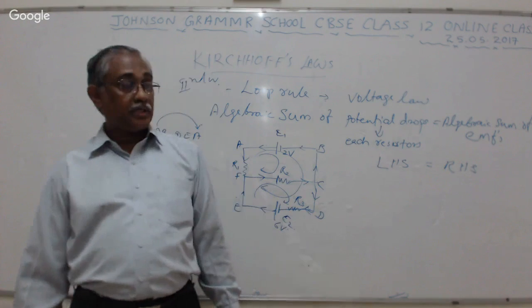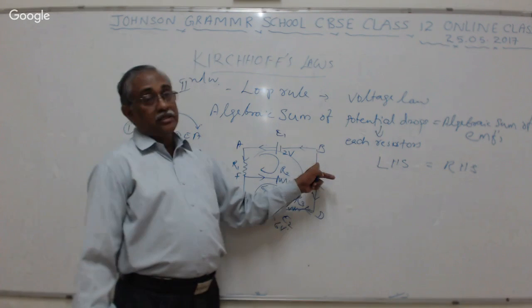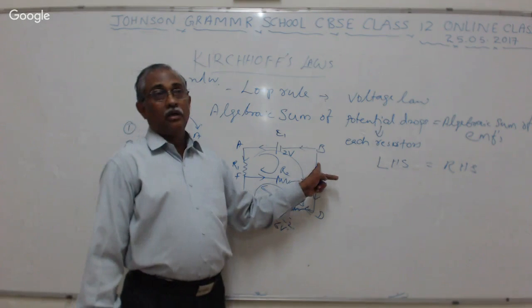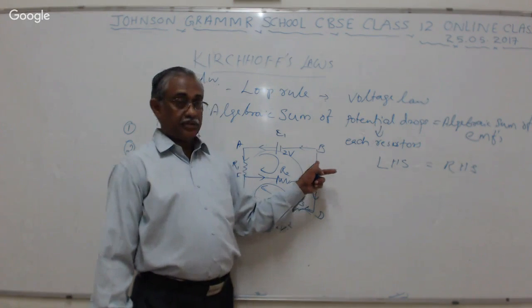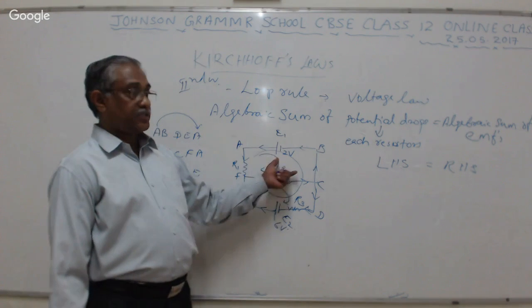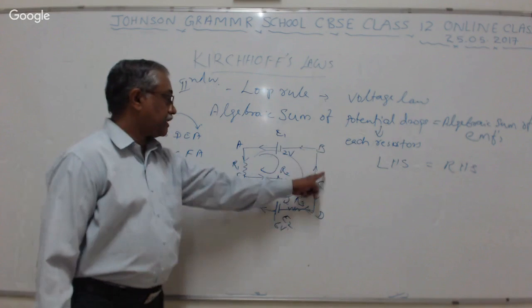Otherwise, if your own arbitrary direction is opposite to the direction of current flow, then you will take it as negative. Understand? If you have taken a direction in the circuit, say A, B, D, E, A, so we have decided the direction.